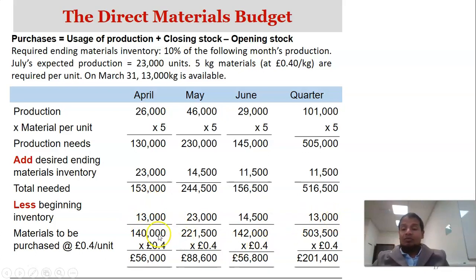Okay, and then we will find out the material that we need to purchase. All right, and the price is given, 40p per kilogram. If we multiply the purchase amounts by the purchase price per unit, then we will get the amount in pounds that I need to pay for purchase.